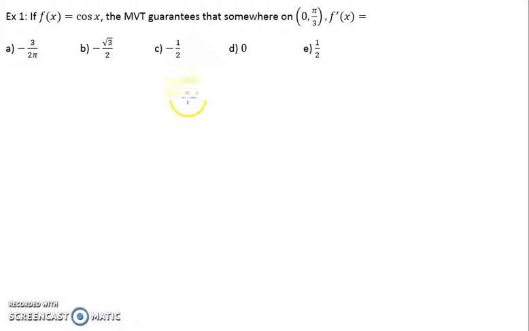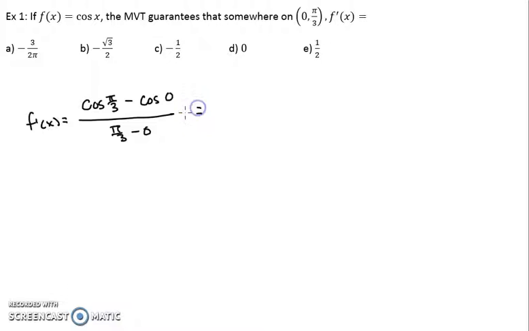But all we need to show here, if we're trying to find which of these things is guaranteed, is the average rate of change between these points. So we can say cosine of pi over 3 minus cosine of 0, over pi over 3 minus 0. Somewhere on our interval, f prime of x has to equal that value.